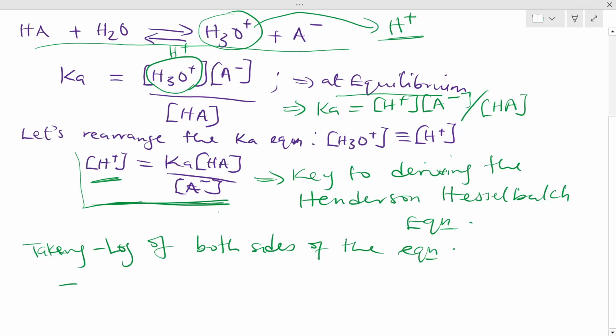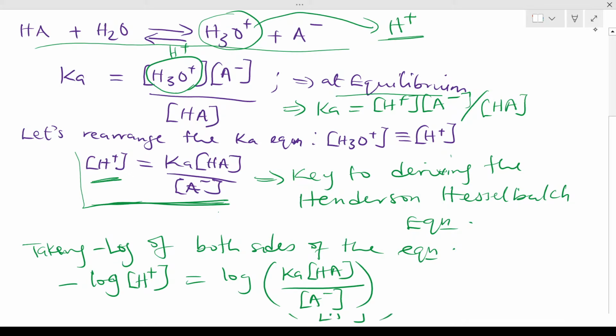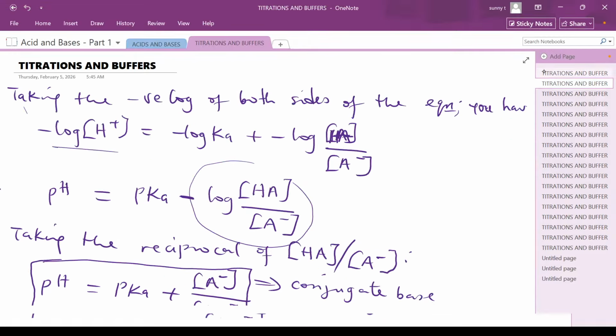So if we apply this here, what you actually have is your log concentration H plus equal to log of Ka, concentration HA over what? Concentration what? A minus. So of course, if you want to input the log, we apply it to every single entity right here, and what you have next is this.